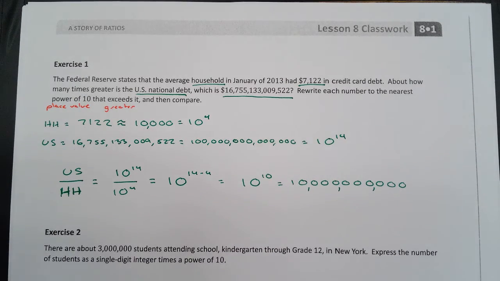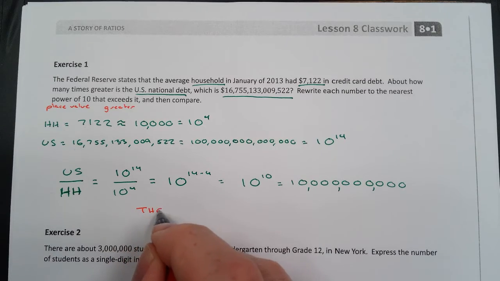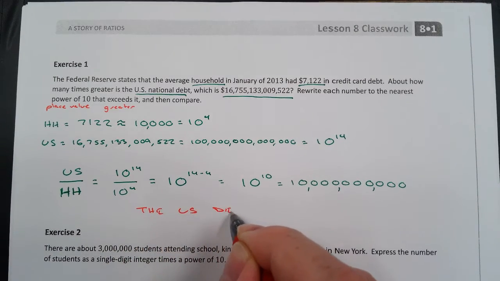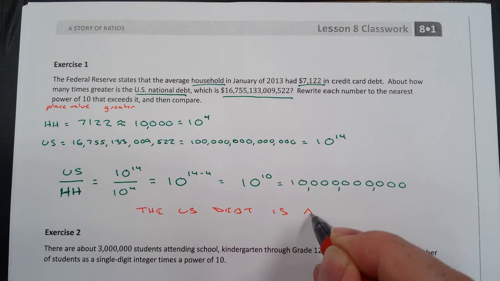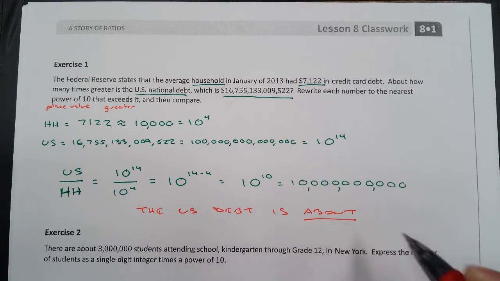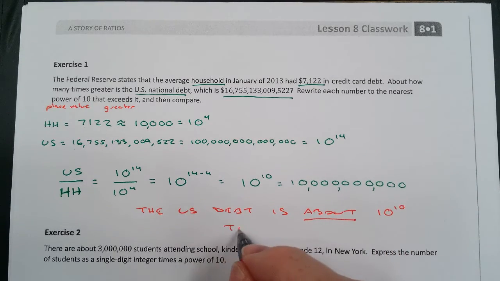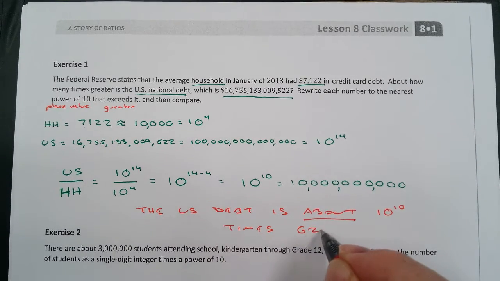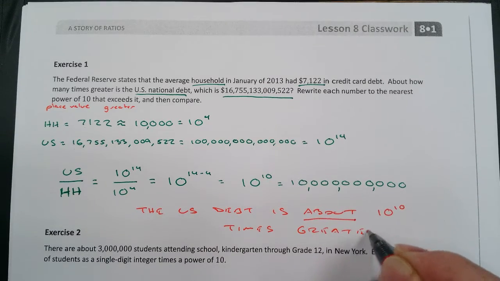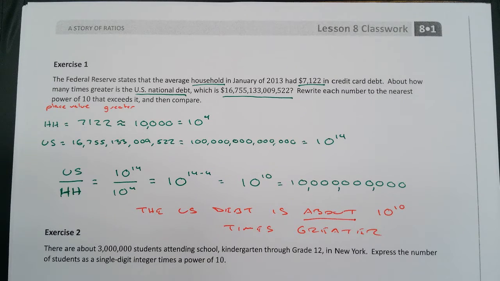So we can summarize this by saying the U.S. debt is about, make sure you say about because we rounded, it's approximate, is about 10 to the 10th times greater, which is a ridiculously huge number. That just shows you how much money the government owes.